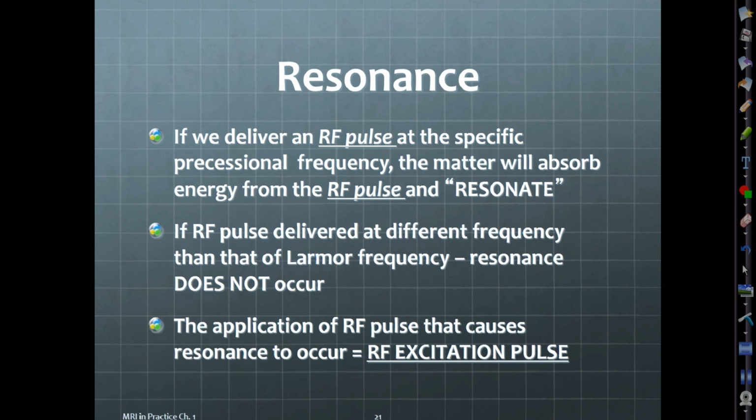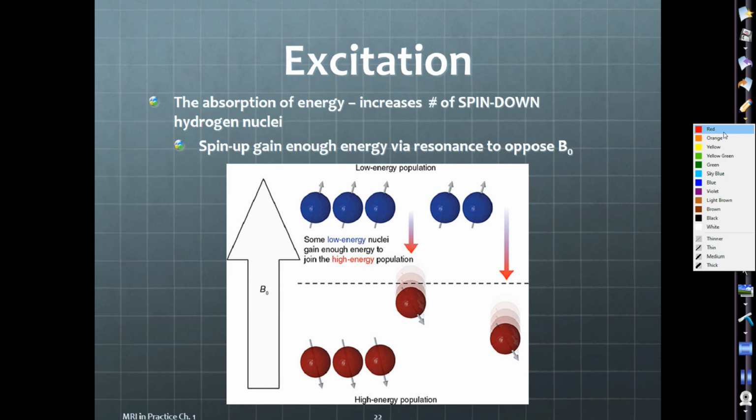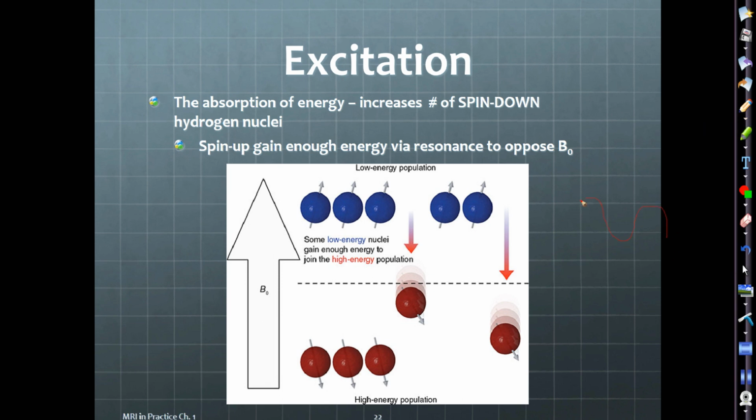It's RF excitation pulse. And when we talk about pulse sequences, it's kind of the first pulse that we apply in our pulse sequence. But we're exciting those tissues, giving them energy. So with excitation, you get the absorption of energy. This will increase the number of spin-down hydrogen nuclei, because here they were low energy, but you apply that RF pulse at 90 degrees, B sub 1, to these hydrogen spins.